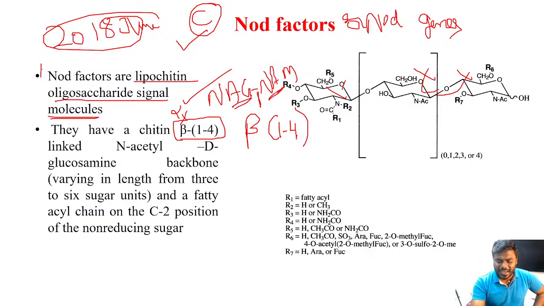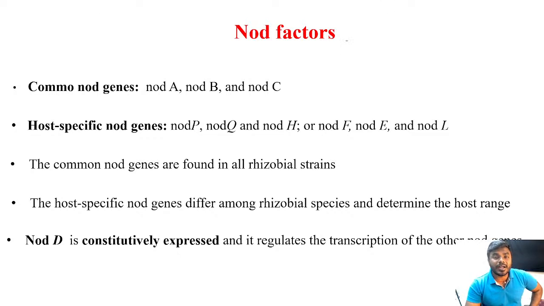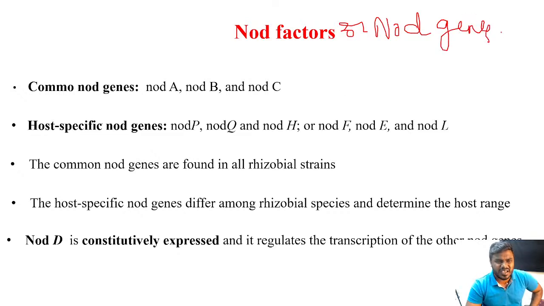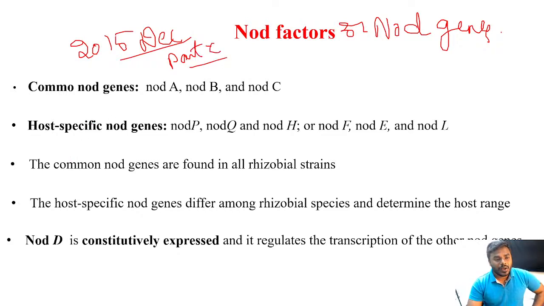Do not forget that. Now friends, what are the types of nod factors? What are the types of nod factors or nod genes? Is there any necessity to remember? Of course, if you look into the question paper of 2015 December, Part C, this is the direct question which we got. There are nod genes or nod factors present in the bacteria, and they are of two types. One we call the common nod gene, another one we call, my friends, the host specific nod gene.